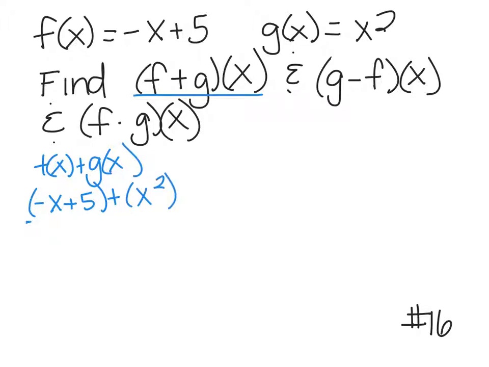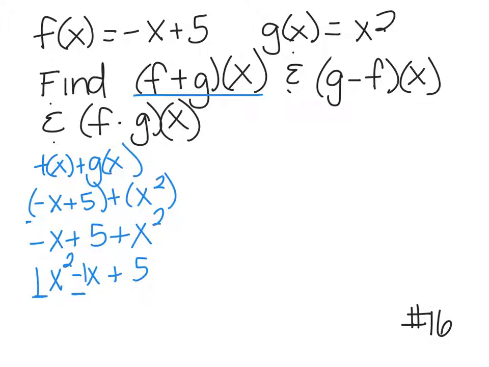Since there's nothing to distribute here, I can take it out, and nothing to distribute there. Now all I have to do is go in standard form, put it in order. x squared minus x plus 5. So I believe they ask you for the coefficients. So here you would put a 1, here you would put a negative 1, and then here obviously you'd put a plus 5.